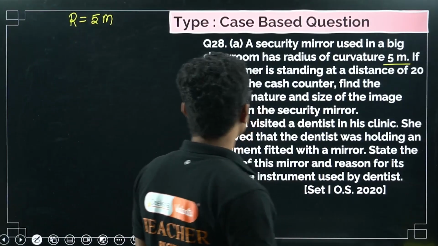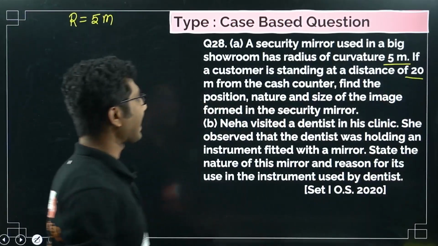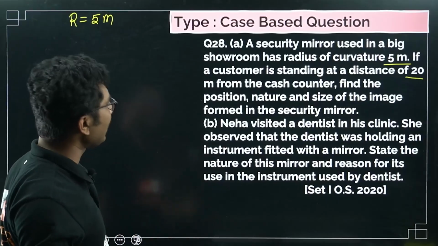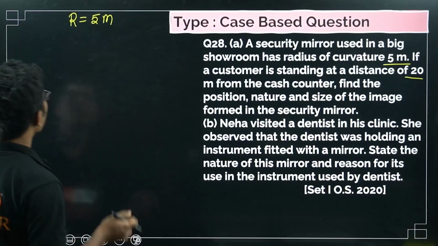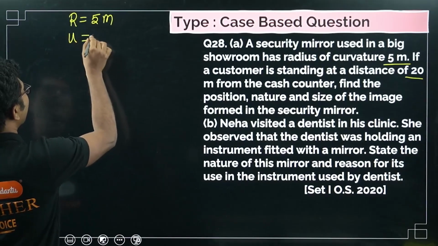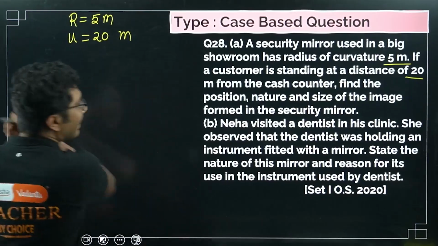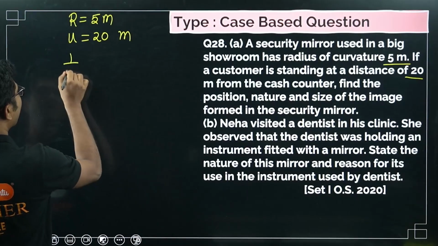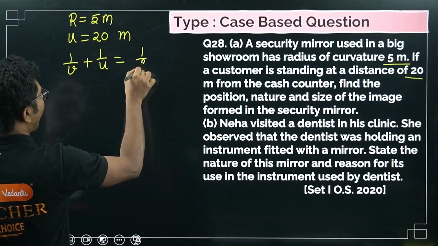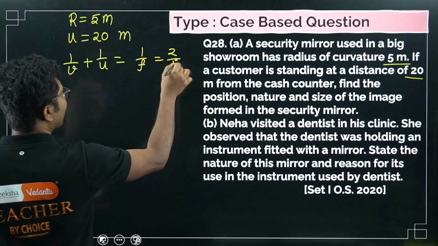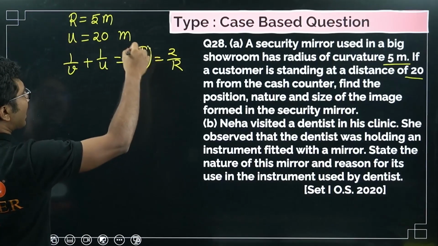If a customer is standing at a distance of 20 meter from the cash counter, find the position, nature and size of the image formed in the security mirror. So distance is 20 meter. Everything is in meter, no need to convert into centimeters. From the mirror equation, 1 by v plus 1 by u equals 1 by f or equals 2 by R. Here R is given, so we will use this.